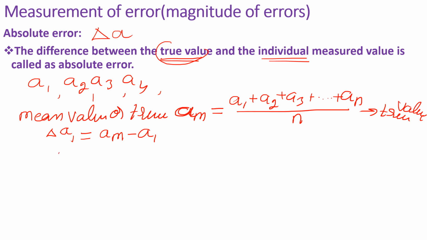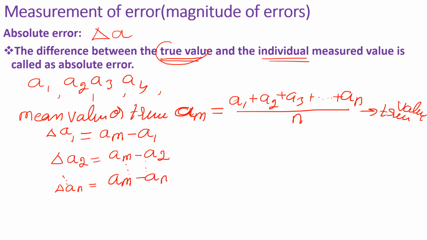Like that, what is the absolute error in the measurement of the second value? That is AM minus A2. Like that, if you go on finding out, you will get delta AN, that is the absolute error in the measurement of the nth value, equal to AM, that is A mean, the true value, minus the individually measured value, that is AN.